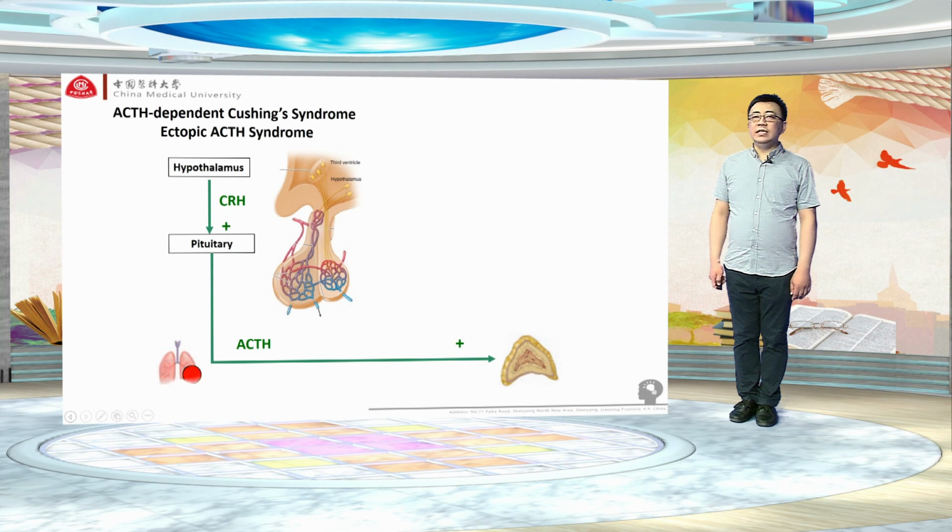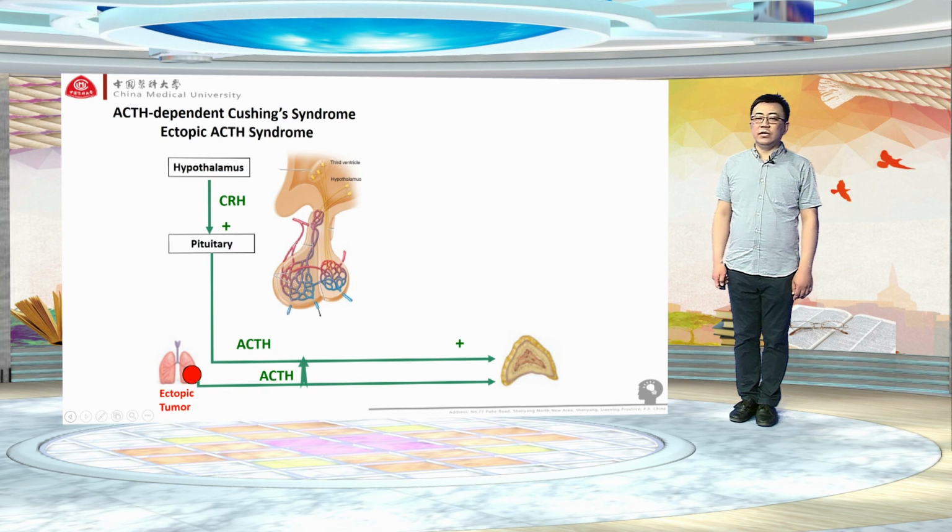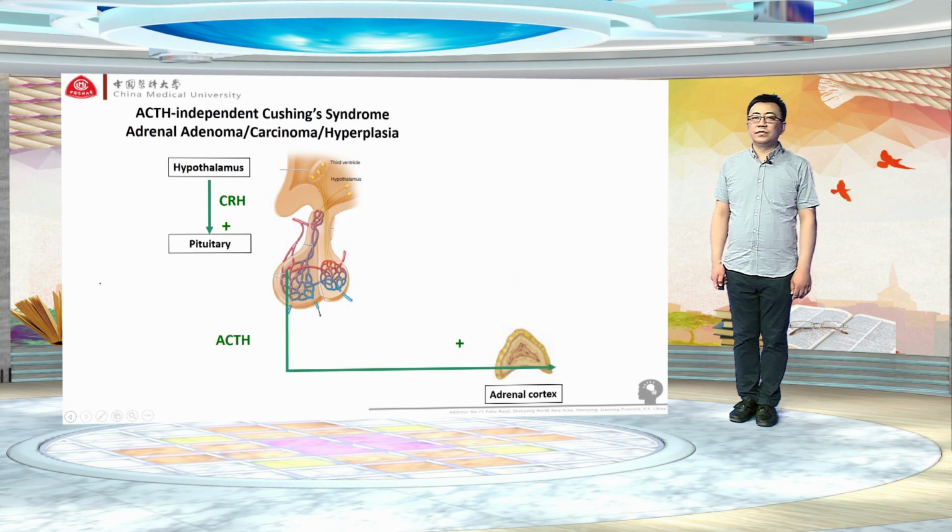Another kind of ACTH-dependent Cushing syndrome is ectopic ACTH syndrome. In this kind of patient, it is usually caused by a malignant tumor such as lung cancer. For example, the cancer secretes ACTH and causes elevation in the plasma ACTH level, and the elevated ACTH will act on the adrenal cortex and cause cortisol secretion.